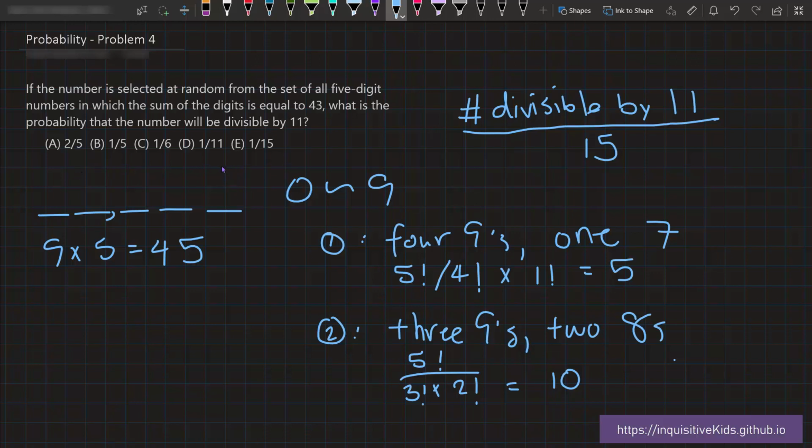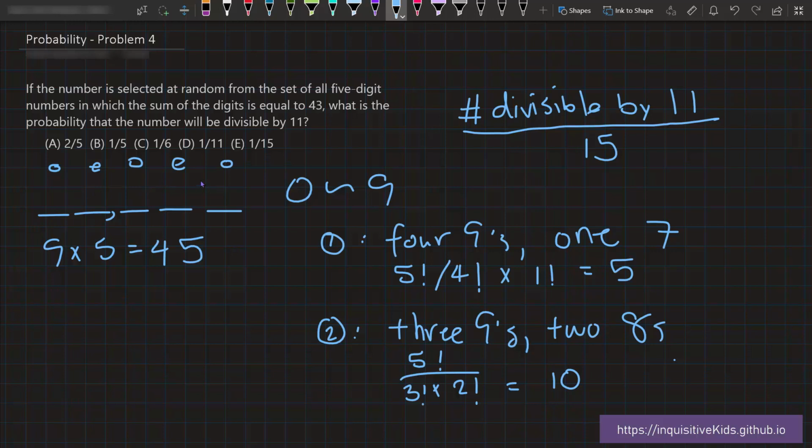For example, here this would be our odd place, even place, odd place, even place, and odd place. Remember, this is all in our divisibility rules video, so I will be linking that in the description down below if you are interested.